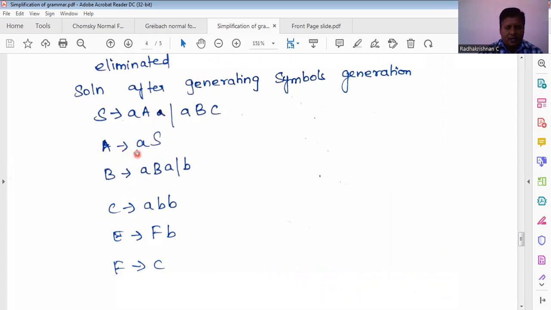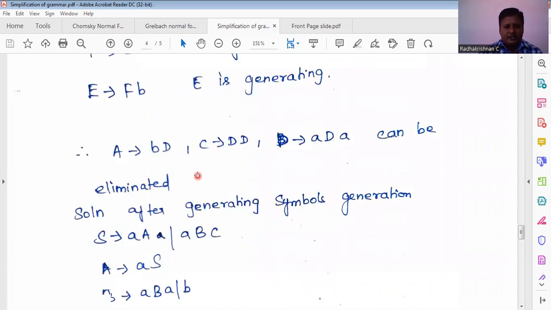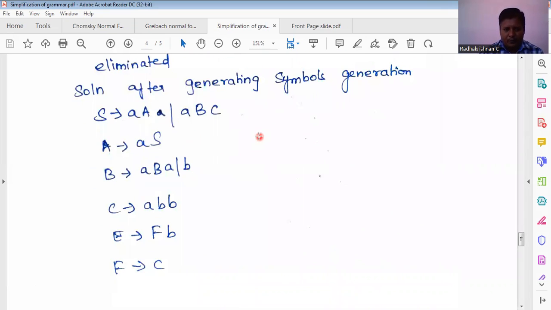Next, A gives small a S and B, having another value for BD. Here D is a useless symbol, so it will be removed. B gives A B A or small b, that is also useful. C has the alternative A double B or DD presented.